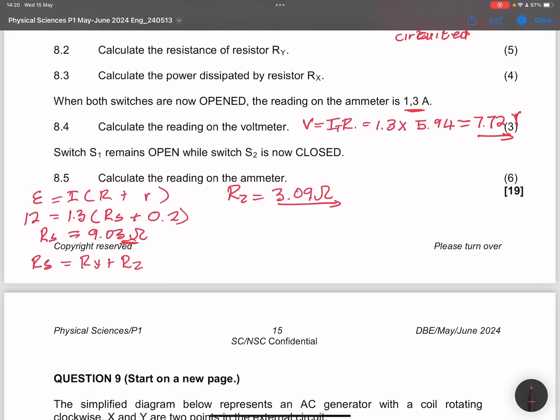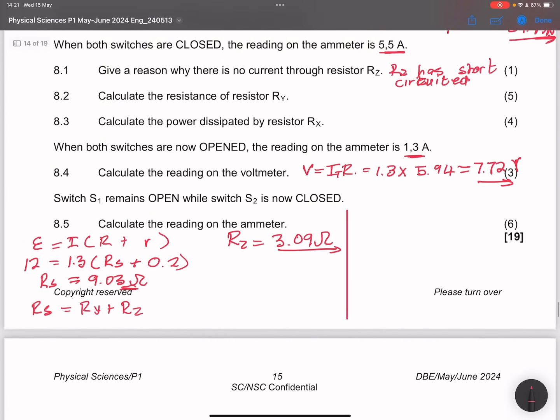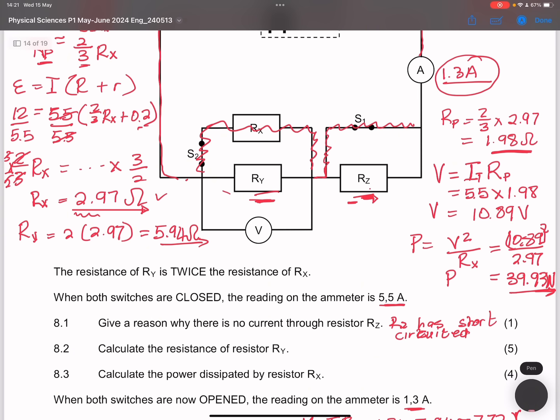Now remember we are looking for the current. So let's go to scenario number 2, where switch S1 is open. When S1 is open, the current goes through Rz.